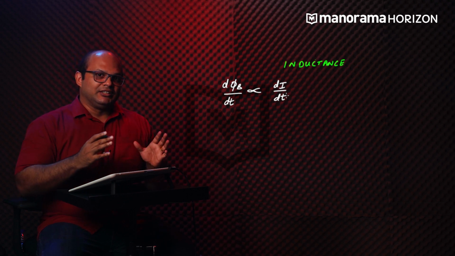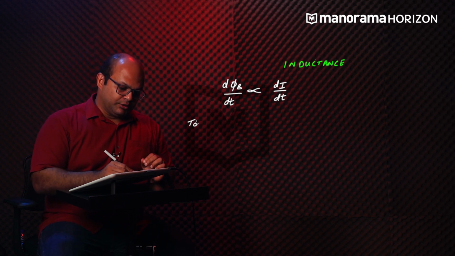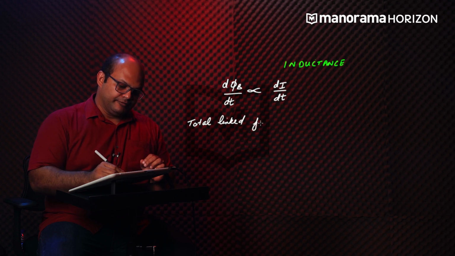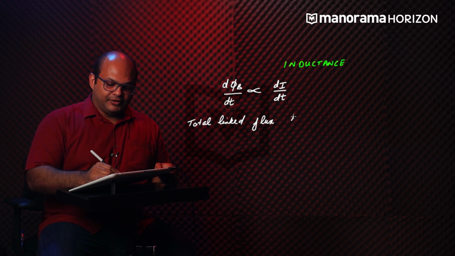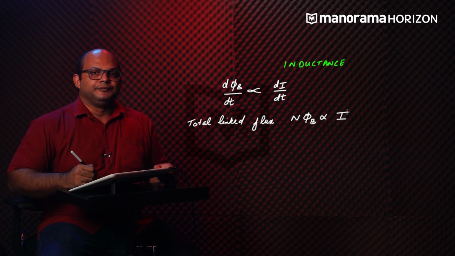So the total linked flux with this particular coil can be given as n multiplied by phi b, and this is proportional to the current.